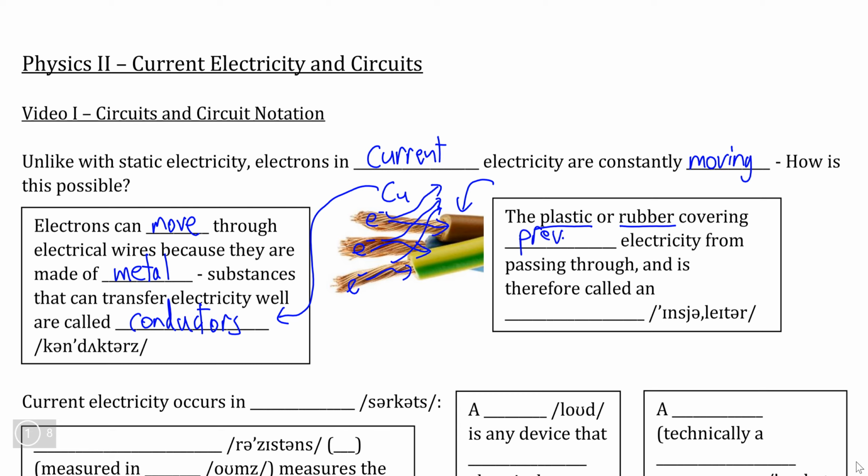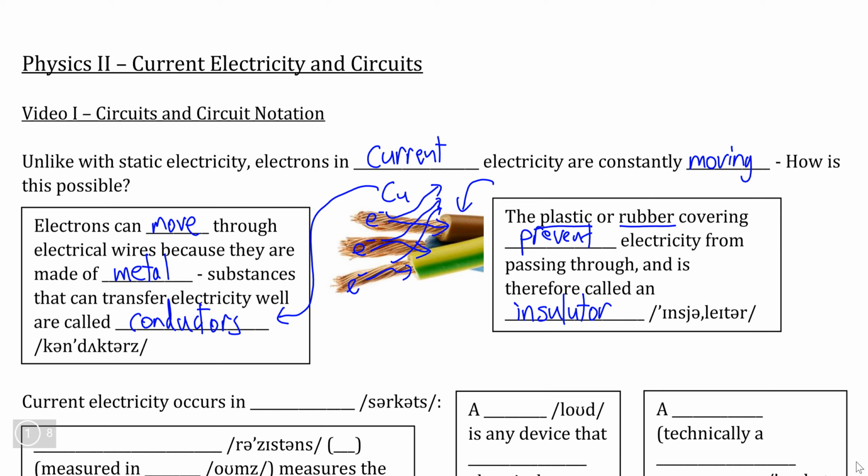Their job is to prevent the electrical charge, the movement of electrons, from escaping from the wire. Unlike the metal that copper wires are made of, electrons have a lot of difficulty passing through the plastic or rubber covering, and therefore plastic or rubber is what is called an insulator, meaning it's a material that prevents the flow of electricity.